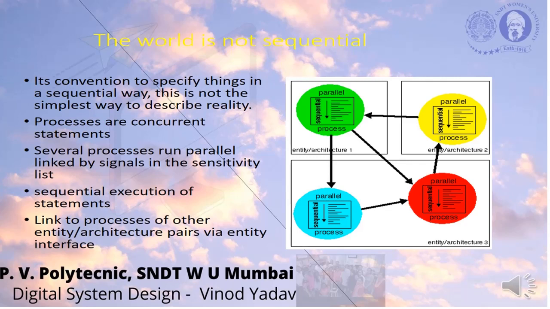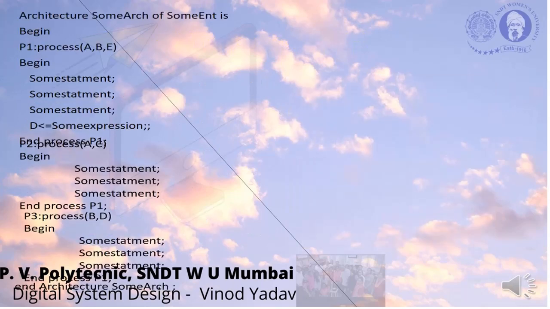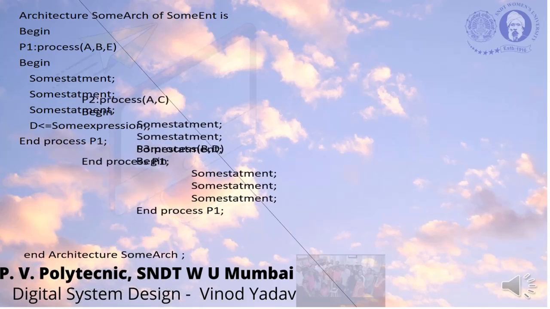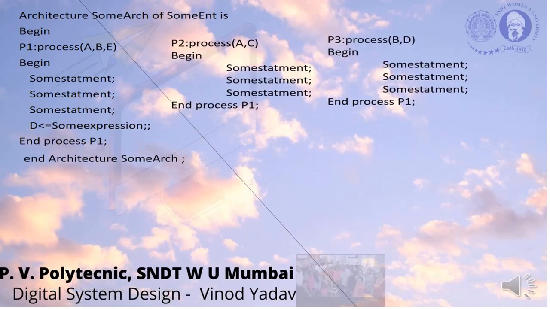One process can be linked to the process of another entity-architecture pair via the entity interface. Here P1, P2 and P3, three processes, are there, and they will be executed in parallel, under the conditions ABC, ABE, AC and BD.